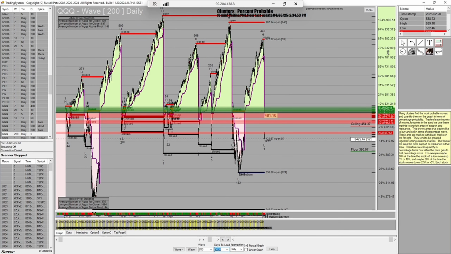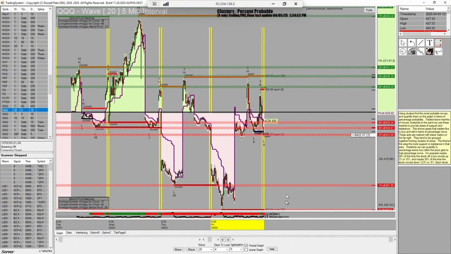So the larger time frames are looking at the overall trend of the market, where the smaller ones are looking at today, tomorrow, end of this week. But you can use these larger time frames on a day-to-day basis. You just need to decrease the time frame. So go from something like the daily to the 20-wave 5-minute, and this is what I like to use, just looking for day trades.